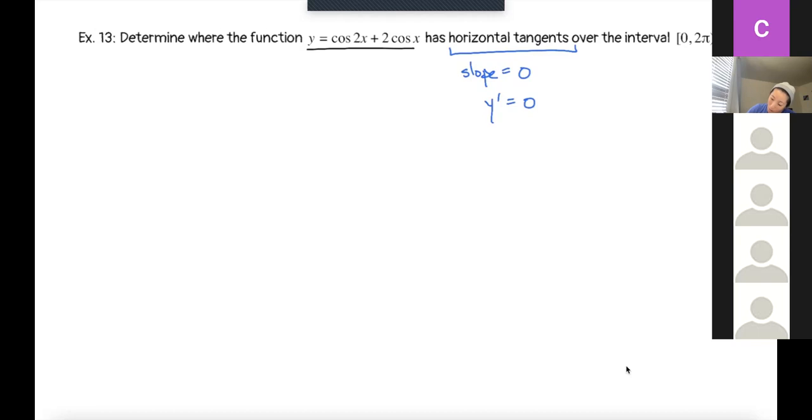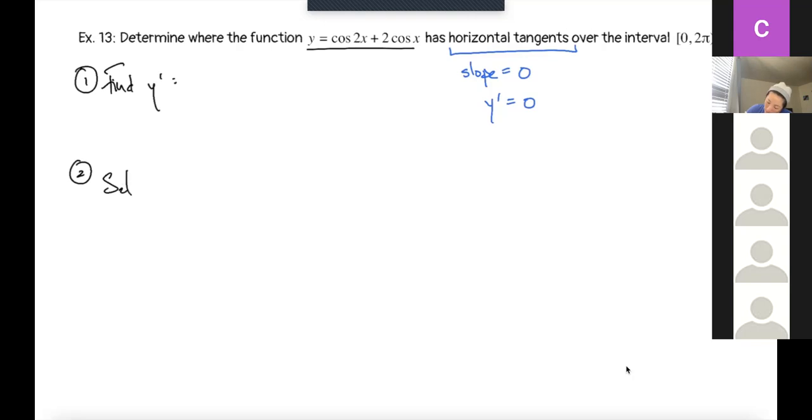All right. So what we're going to do then, if we want to think about it in terms of steps, is we're going to find our y prime. After we find our y prime, what's our second step going to be? After I find my y prime, what am I going to do? Good.